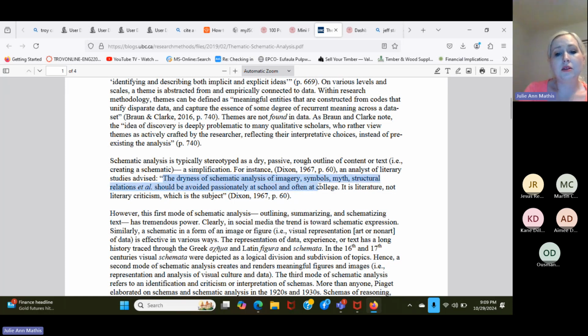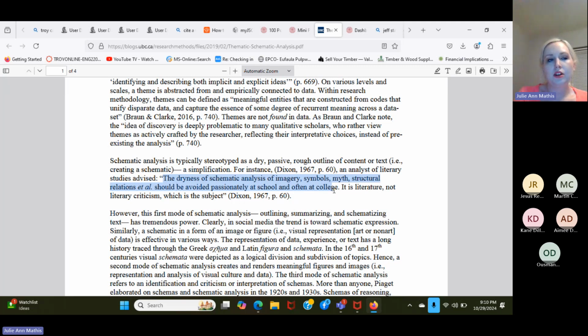So basically, it's just what they would consider traditional academia. It's like, if you are told to write a poetry explication of imagery, that's what a schematic analysis would be. That's all you're doing, and that's something that I remember in high school that I actually enjoyed, just writing about poetry explications of imagery.